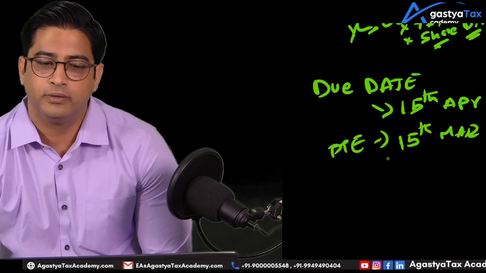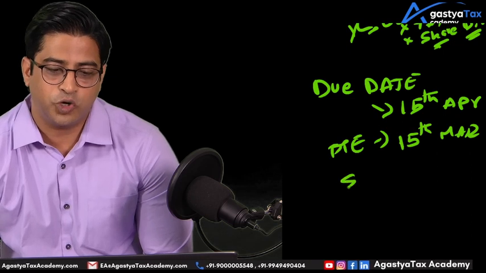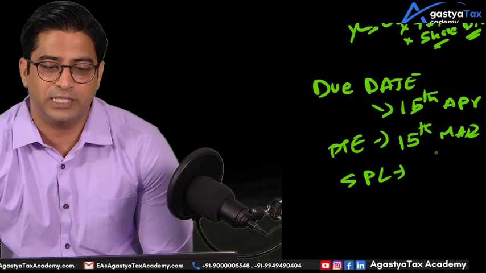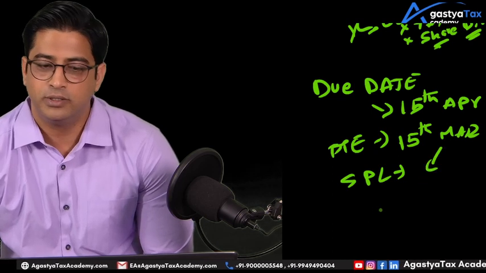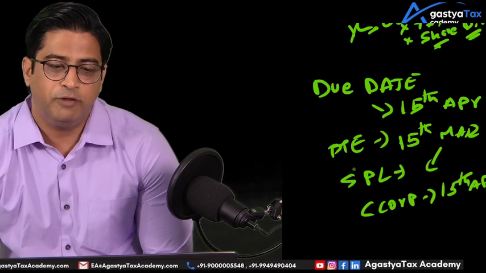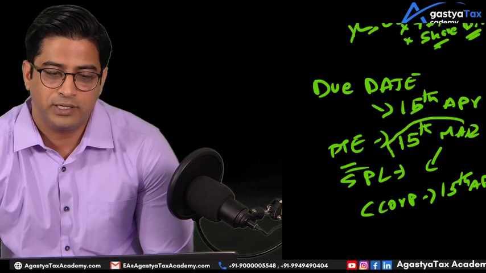But for pass-through entities, the due date will be 15th of March. S corp, partnership or LLC need to file their tax returns by 15th of March. C corporation can file its tax return by 15th of April. So only for these pass-through entities, the filing due date is 15th March.